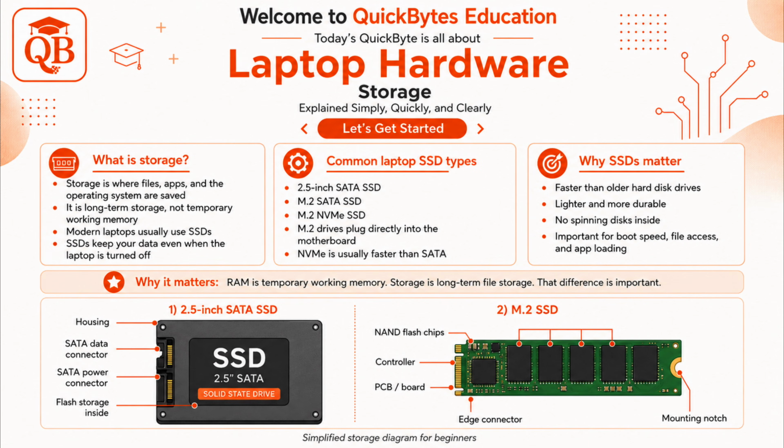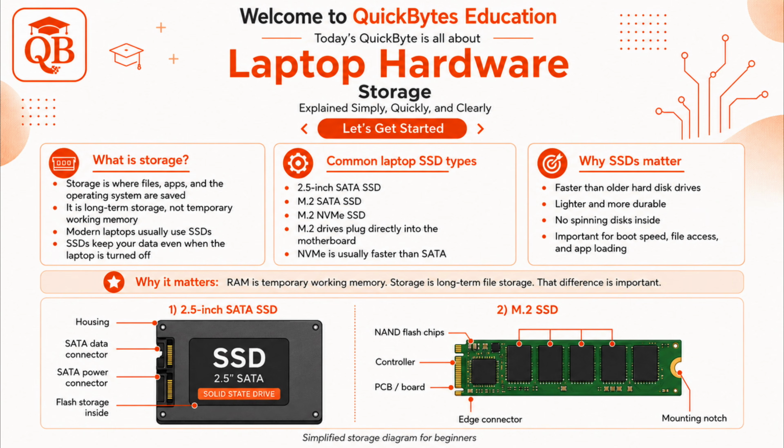That brings us to storage. The storage drive is where your files, apps, and operating system are saved. Modern laptops usually use SSDs, or solid-state drives. SSDs are faster, lighter, and more durable than older hard disk drives because they do not use spinning disks. Common laptop SSD types include 2.5-inch SATA SSDs and smaller M.2 SSDs.